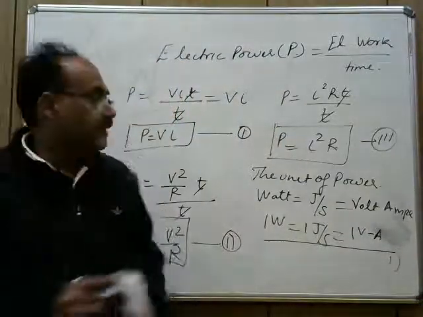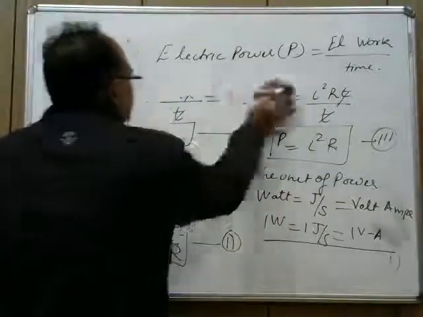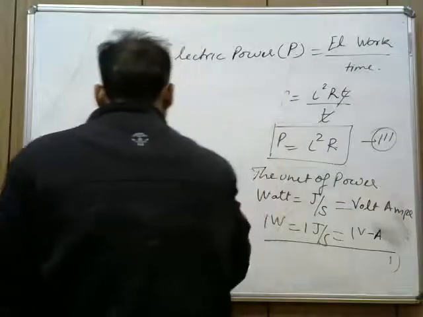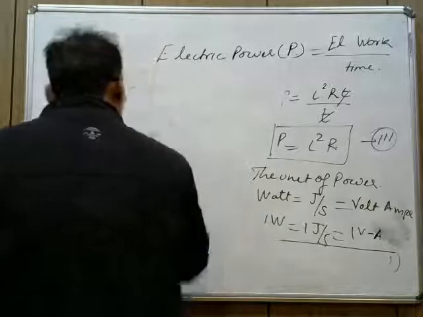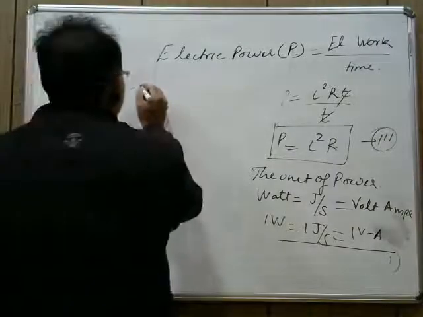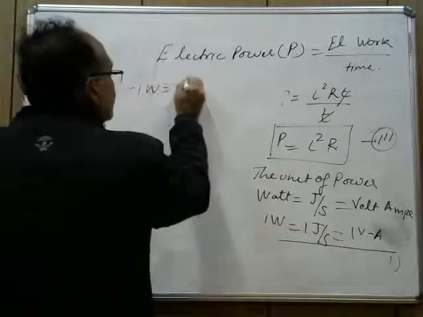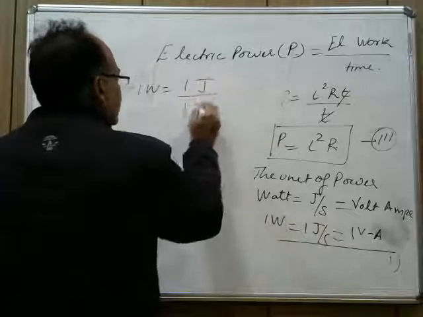And next we can define 1 watt. Definition of 1 watt: 1 watt is equal to 1 joule per second.